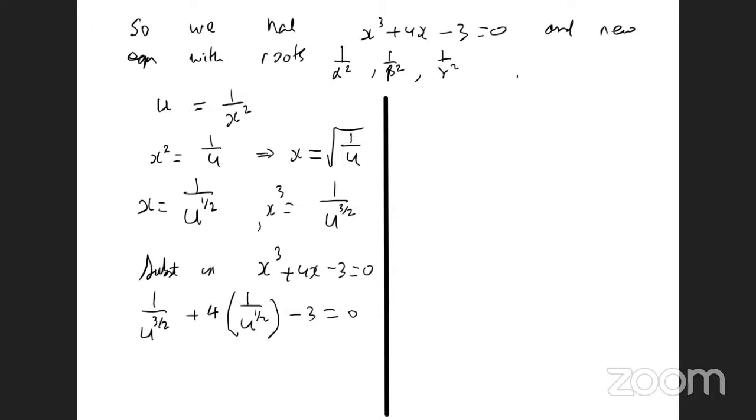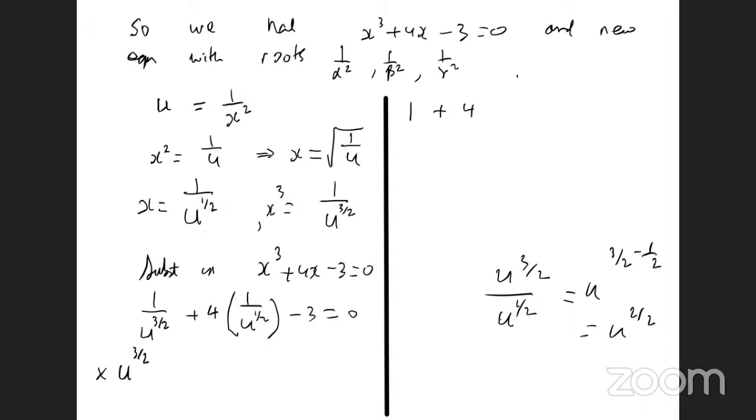Now let's try and remove the denominator. So let's multiply everything by u to the power of 3 on 2. You'll be left with 1 plus 4 by, what is u to the 3 on 2 divided by u to the half? That'll be 3 on 2 minus a half, which is 2 on 2, which is 1.